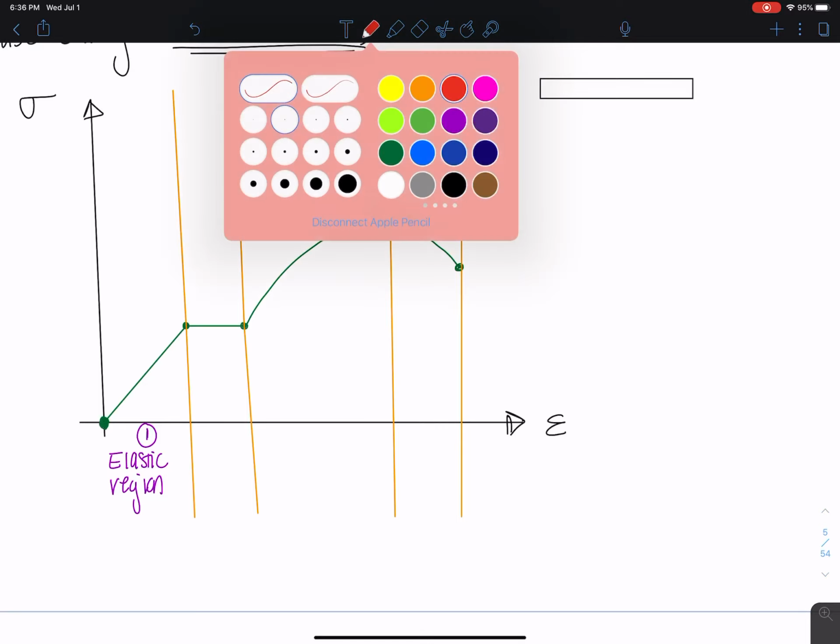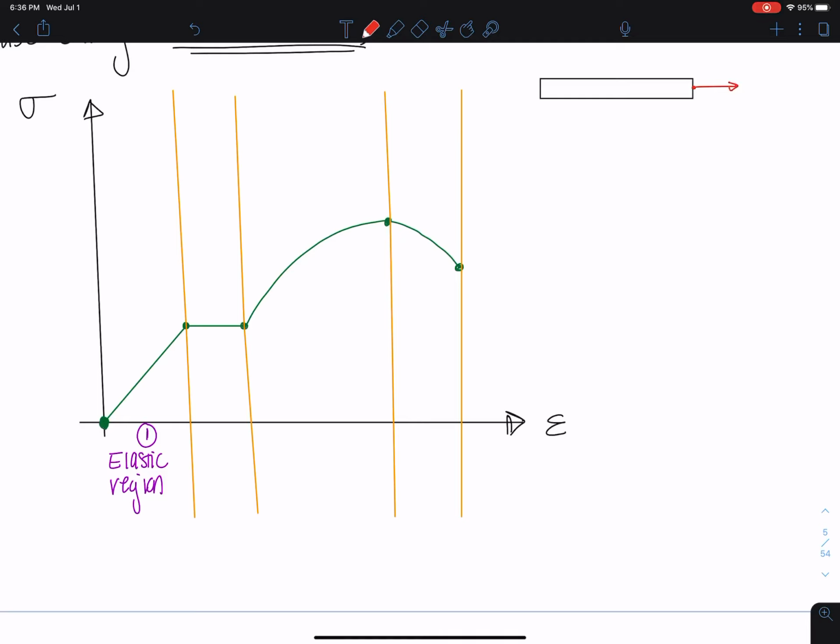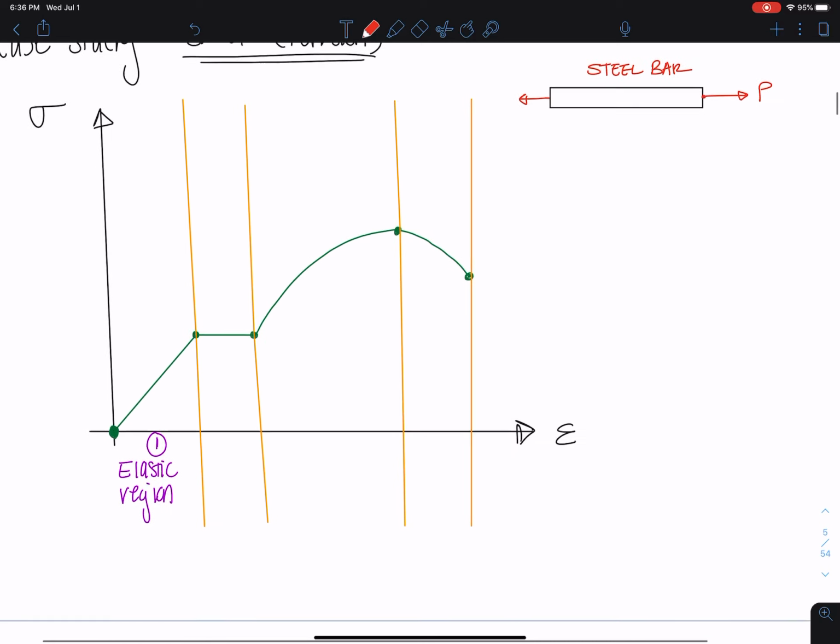This is a bar, let's say, and this is a steel bar, and I'm pulling it, some force P. So it's in tension, and this is the tensile stress strain diagram for this bar. So what's happening is this elastic region here means that no matter what force I apply in the elastic region, if I remove that force from the object, I will bounce back to the original position.